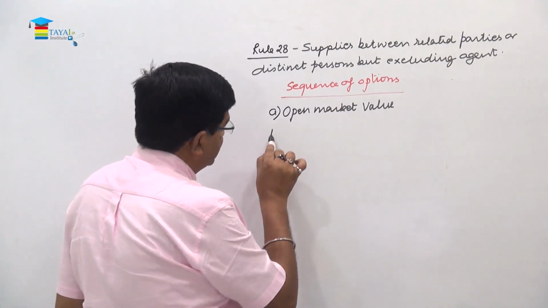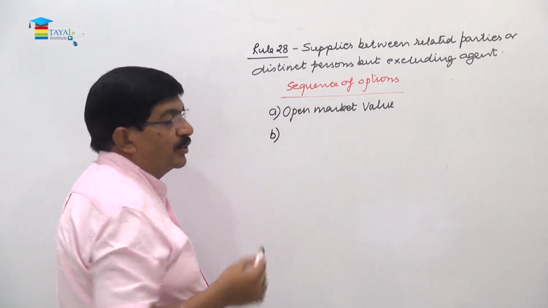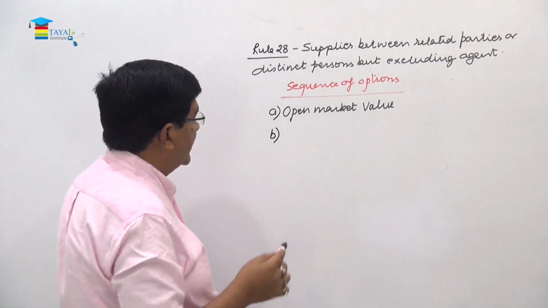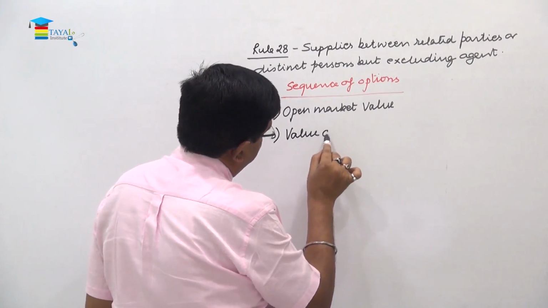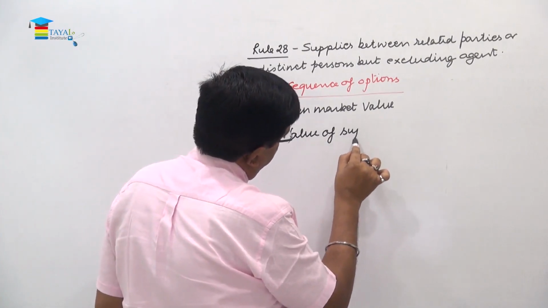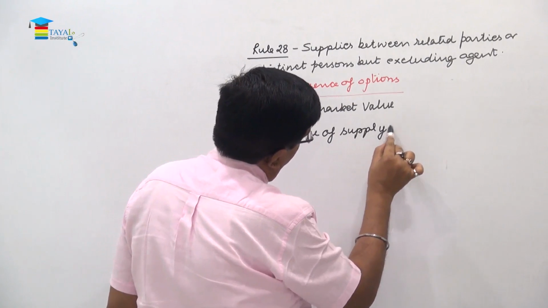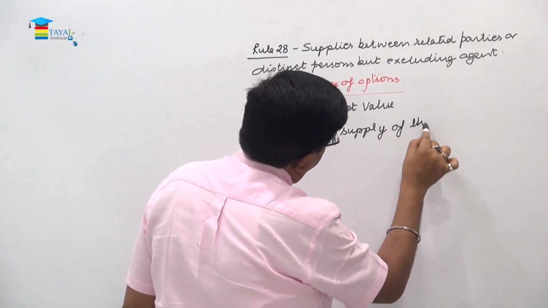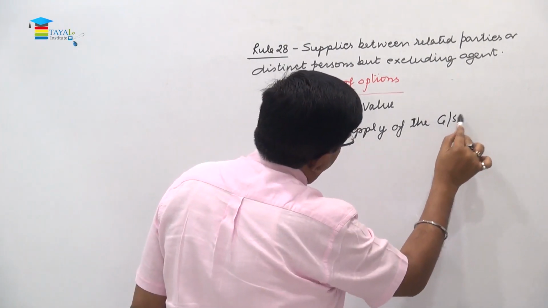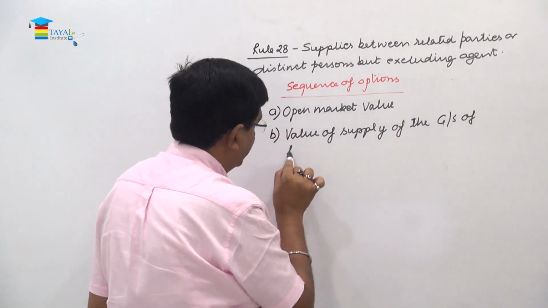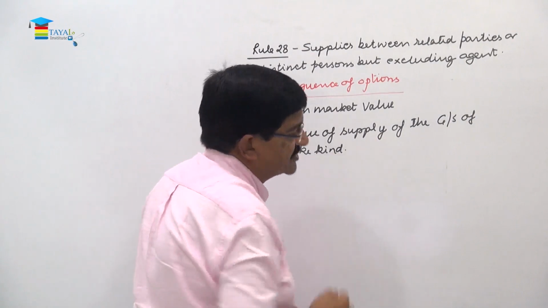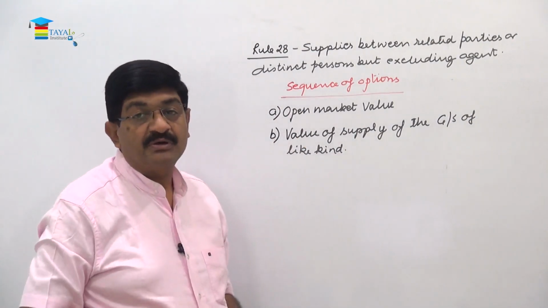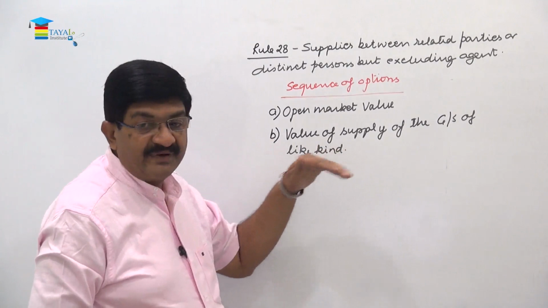Then option B comes. If it is not determinable in clause A, then we go to clause B, and this is talking about the value of supply of goods or services of like kind. So the same kind of goods and services, what is the market value for those? This also we have defined earlier.